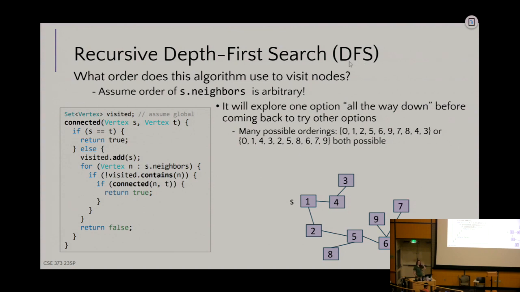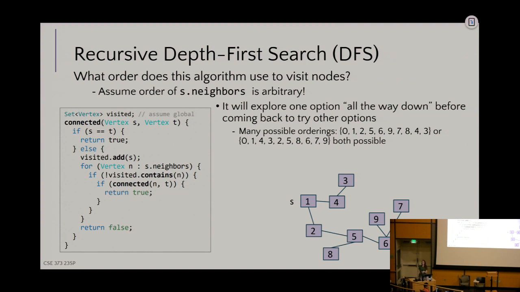So this is why we call it depth first search. I think of it as digging through a tunnel all the way to the end before you come back around and look at the other pathways through. The thing about this too, when you're running DFS, is there are a lot of different orderings that could be relevant. It all depends on which neighbor you start to explore first and which neighbors of neighbors you explore first.